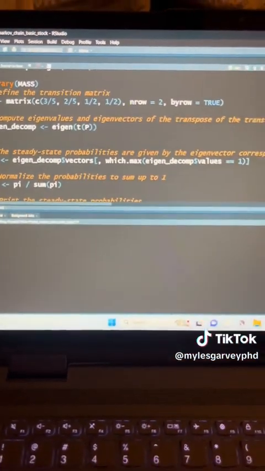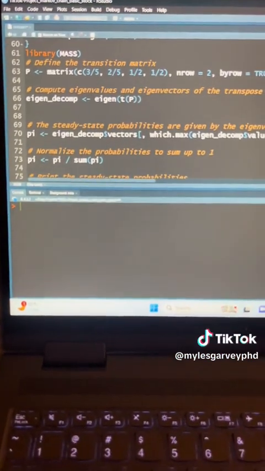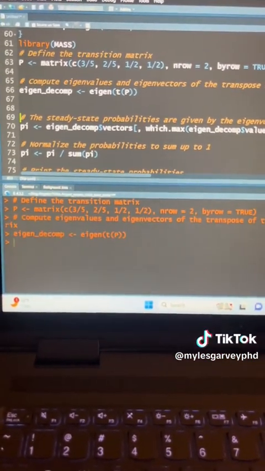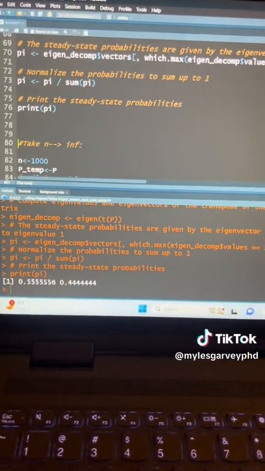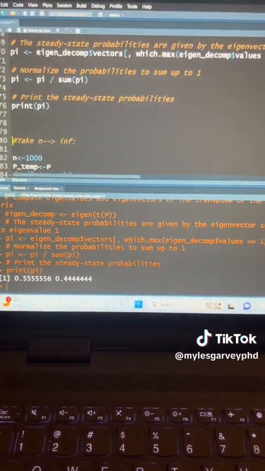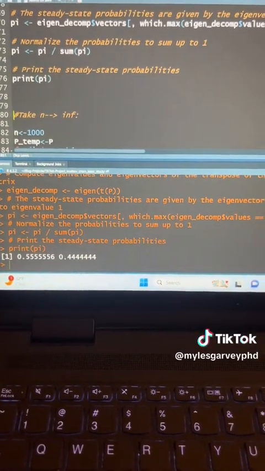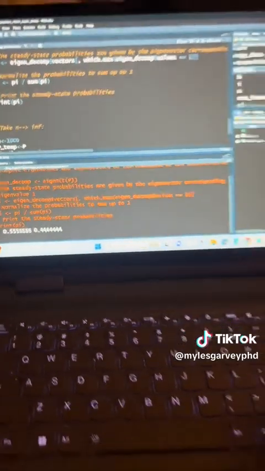The first way is by using linear algebra to solve for the eigenvalues of the transpose, which will give you this result here. And if you look, those are the repeated decimal versions of these here.